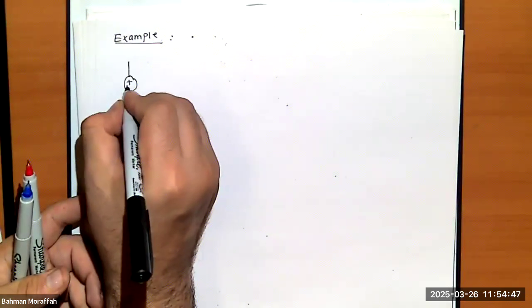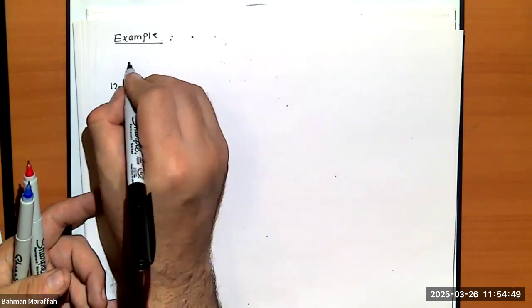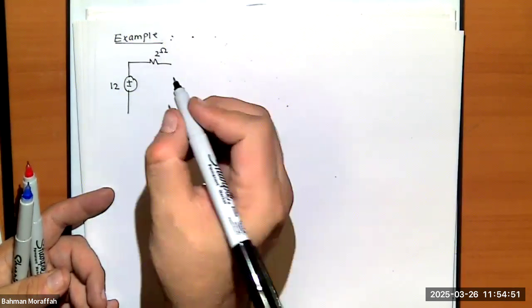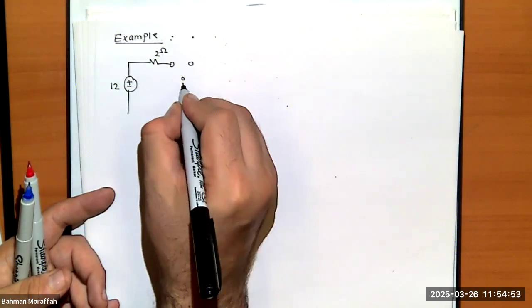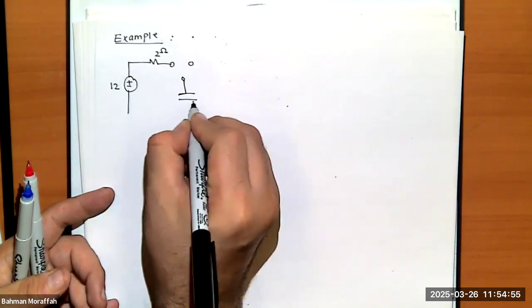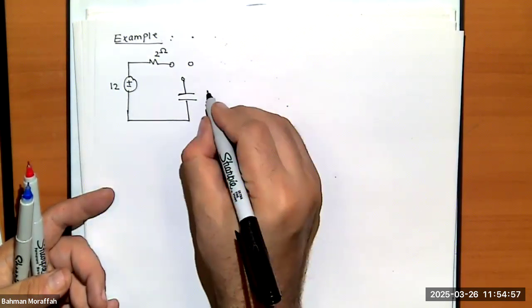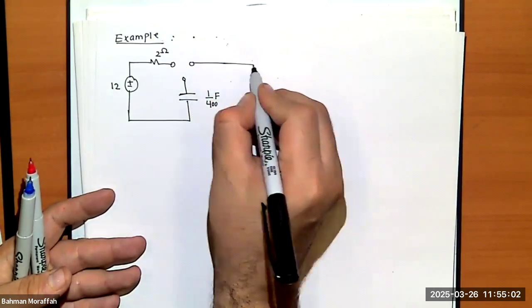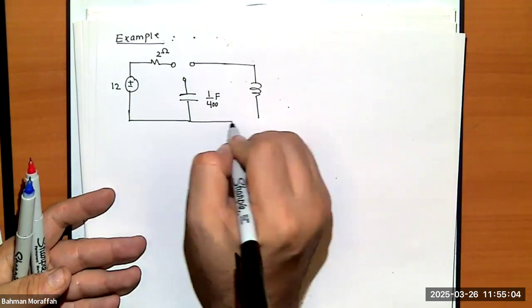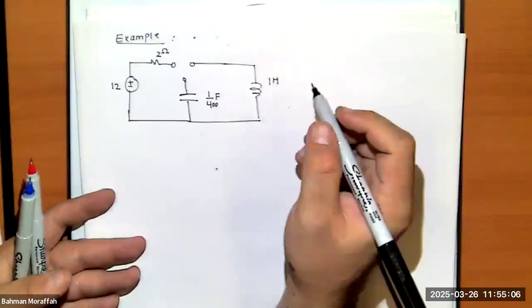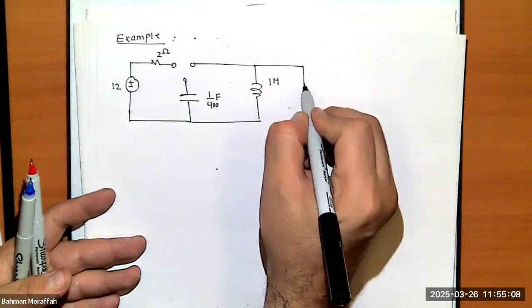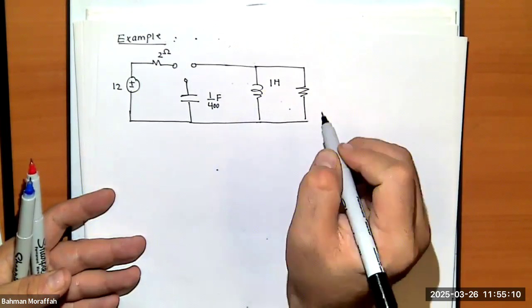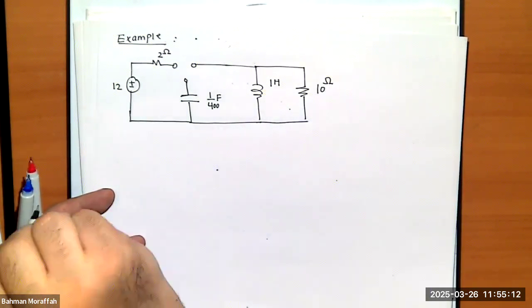Let's just say I have this circuit, 2 ohms. I have a 1/400 farad capacitor. I have a 1 Henry inductor in parallel with a 10 ohms resistance.